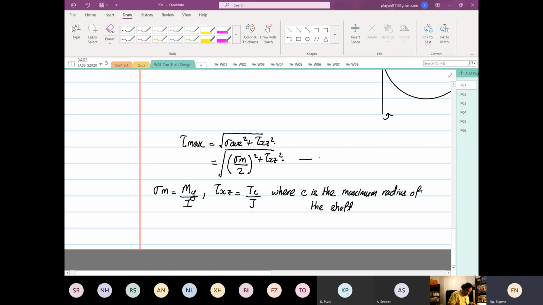So we have these two relationships, and we're going to substitute stress M and shear xy into equation number 1.